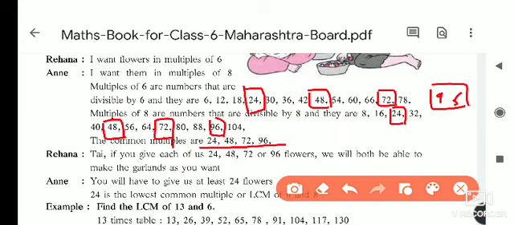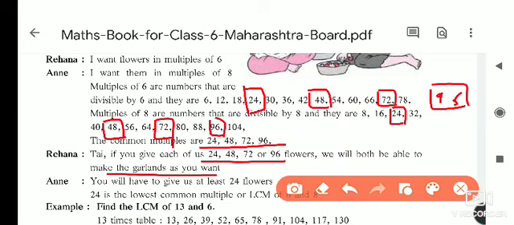Rehana said, "Tai, if you give each of us 24, 48, 72 or 96 flowers, we will both be able to make the garlands as you want." Then what is the garland containing the minimum number of flowers?